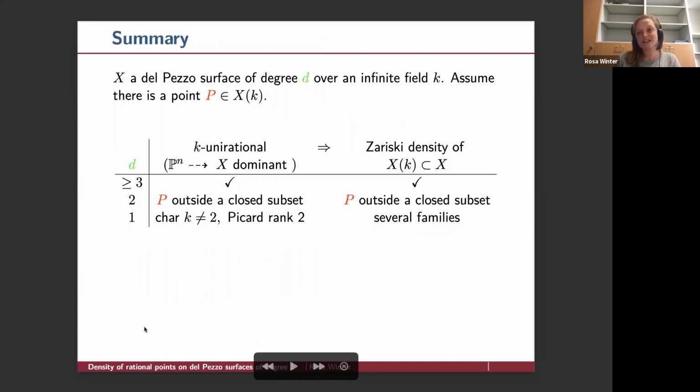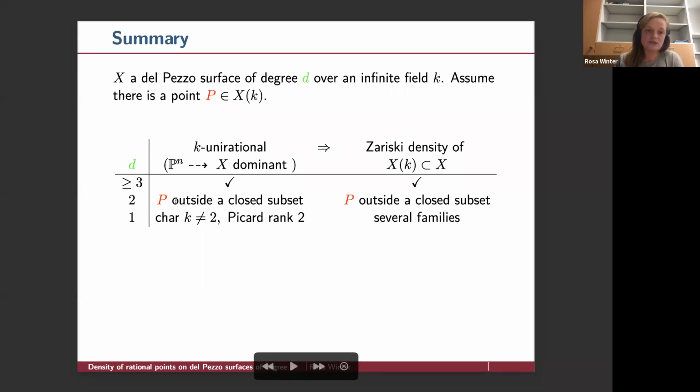Okay, so to summarize the rational points situation that I talked about: if you have a Del Pezzo surface of degree d, and we assume it has a rational point, then if the degree is at least 3, the surface is unirational, and therefore also the rational points are dense because we assumed K to be infinite.